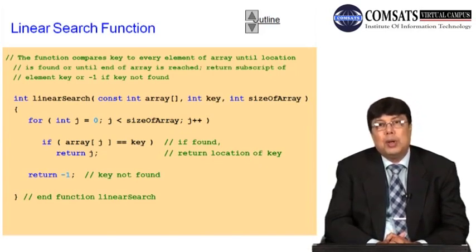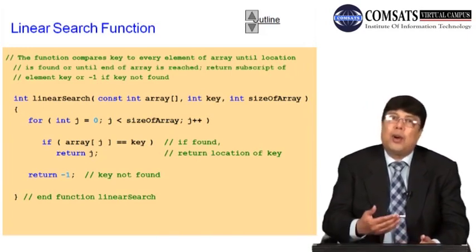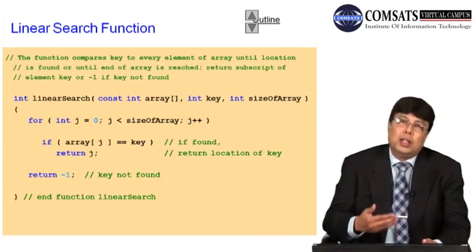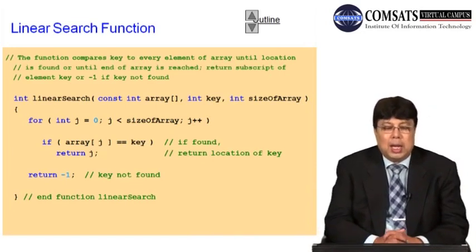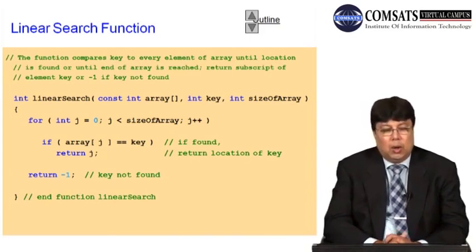So what will happen if you find the key? Should we return the key? No need to return the key, because the key is the input through which you are searching. You are finding the location where this particular key has been stored. So it means that you are required to return the subscript, the location where you have found it. Okay.